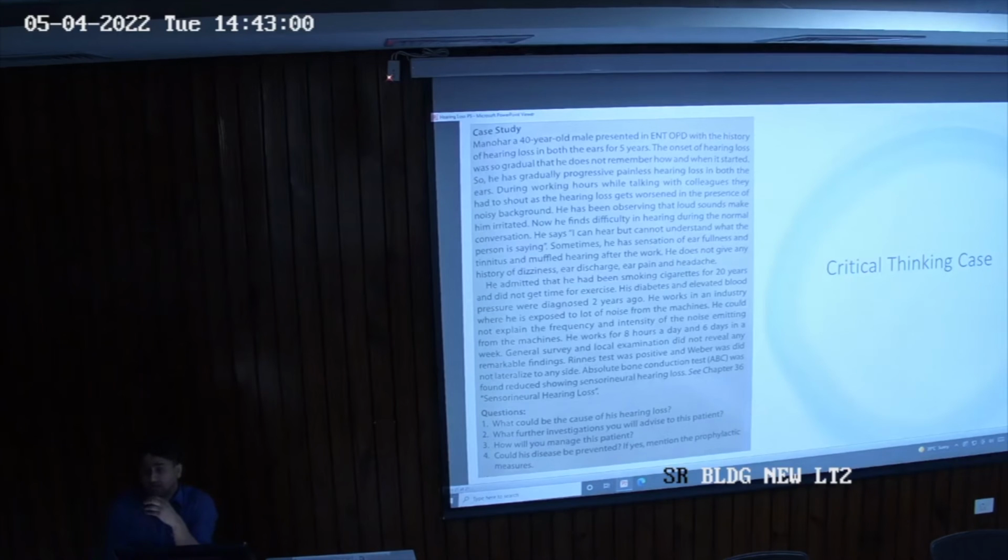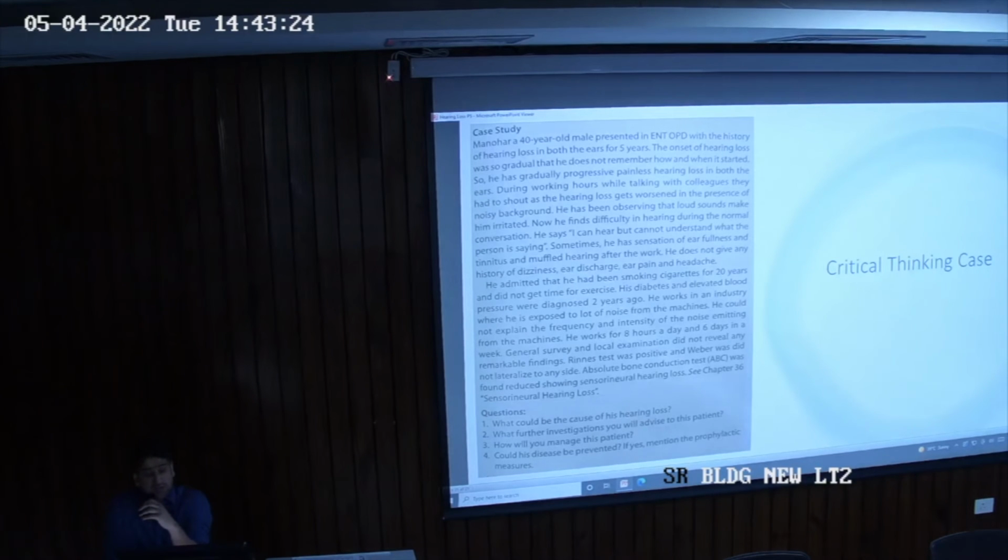Number 1 is age. A 40-year-old male, hearing loss in both ears, bilateral, for 5 years. Onset was gradual, he does not remember how and when it started.